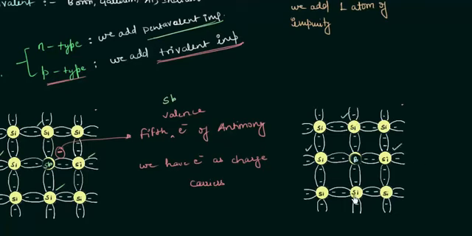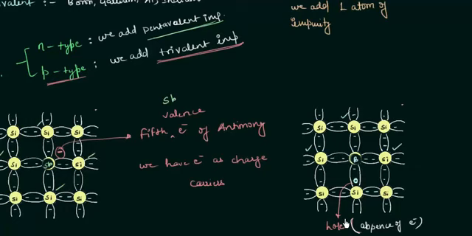So this silicon atom will not get the electron to have the covalent bond, so there will be absence of electron, and we will represent the absence of electron by the hole. This is hole, and it is nothing but the absence of electron. This hole is a very important concept, and we will learn more about holes in the next presentation.